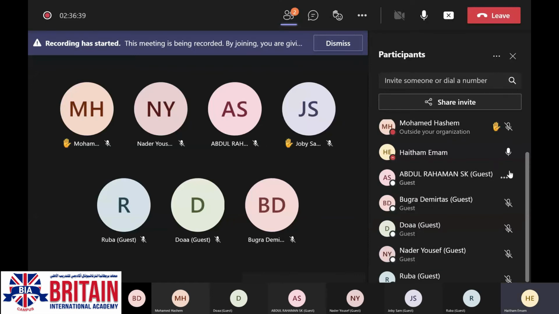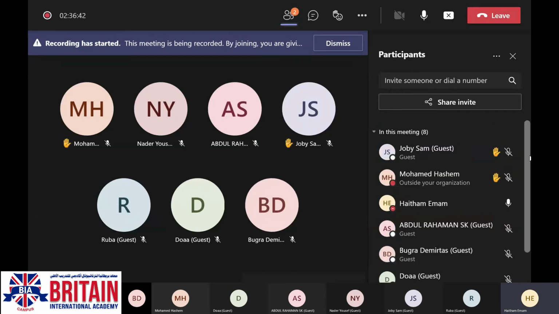In the directive PMO, the project teams are part of the PMO and are reporting to it.